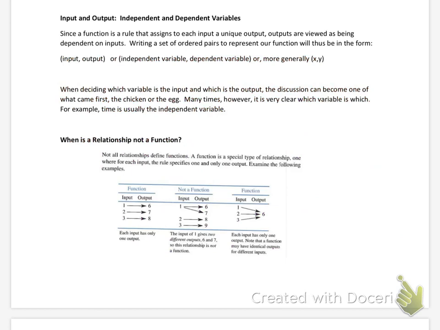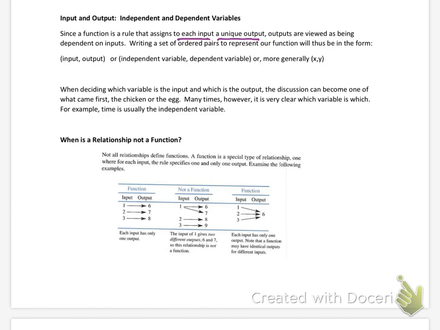In terms of input and output, we can speak in the language of independent and dependent variables. Since a function is a rule that assigns to each input a unique output, outputs are viewed as being dependent upon the inputs.